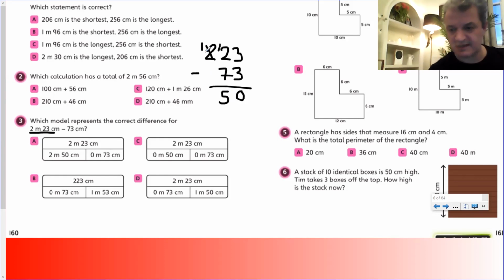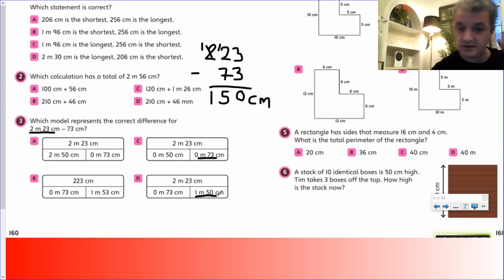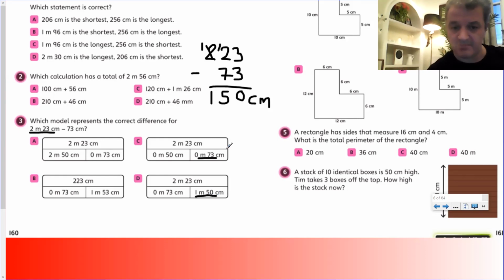Here I've got 100 centimeters and I'm not taking anything away from it. So I'm left with 100. So the answer here is 150 centimeters. Now if I look at these answers, none of these have been written in the format of centimeters, a mixture of meters and centimeters.